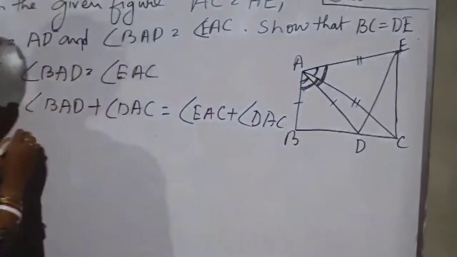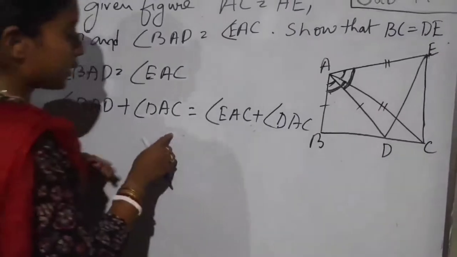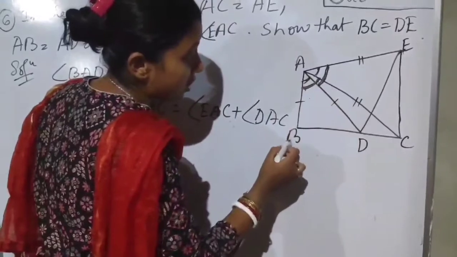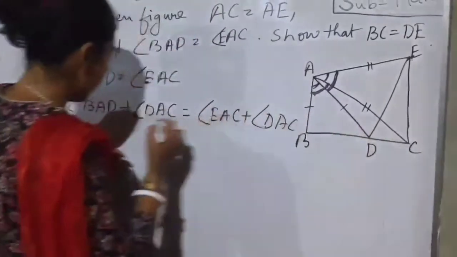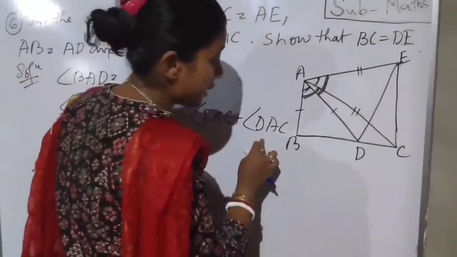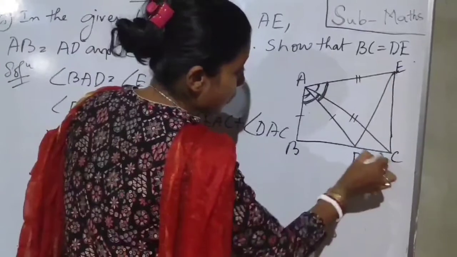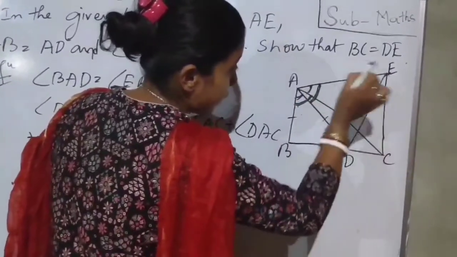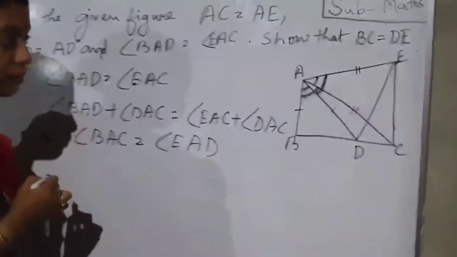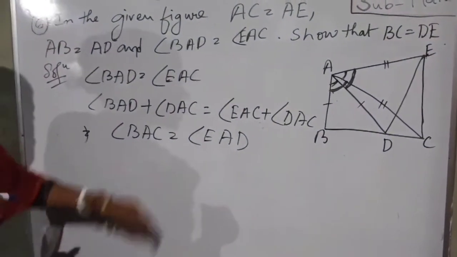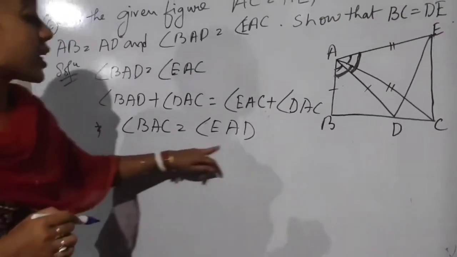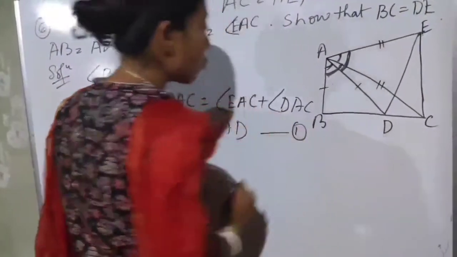Angle BAD plus angle DAC, we can write as angle BAC. And angle EAC plus angle DAC, we can write as angle EAD. So now these two angles are equal. Give this as equation 1.